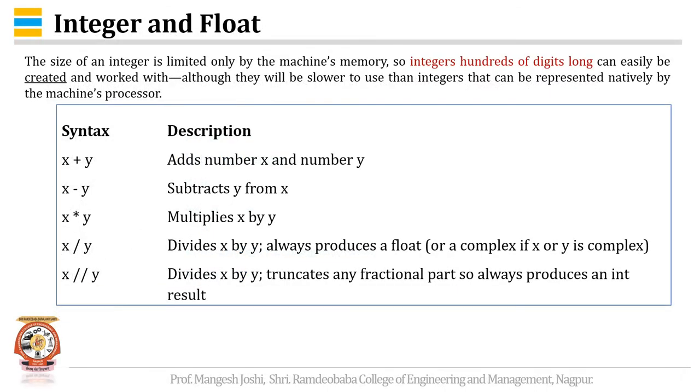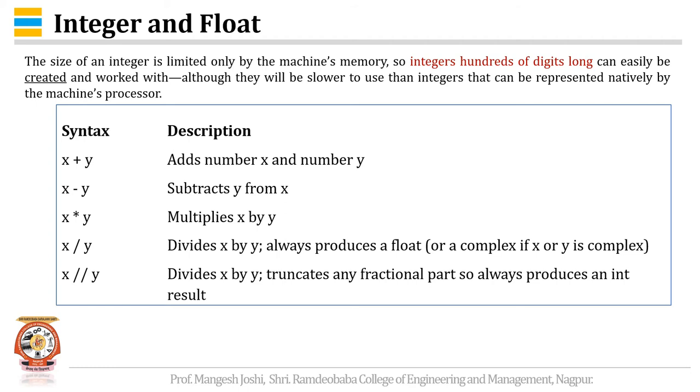Now let us understand step by step the first two data types, that is integer and float. In other programming languages, let's take the example of C or C++ language, there is a definite limit to the size of an integer.